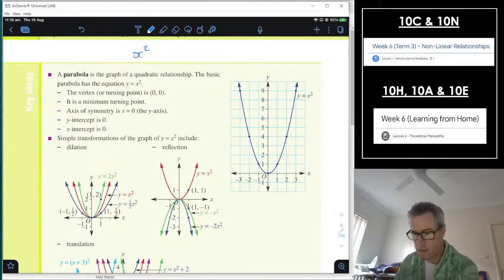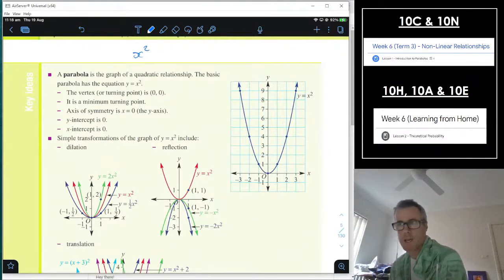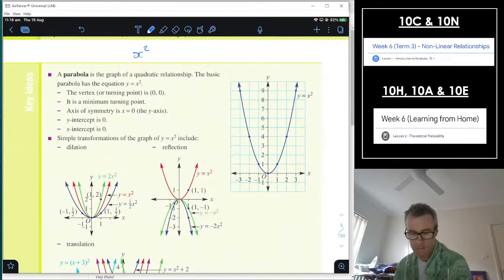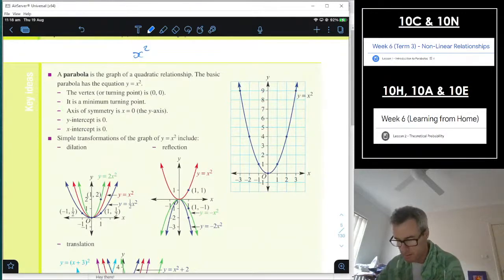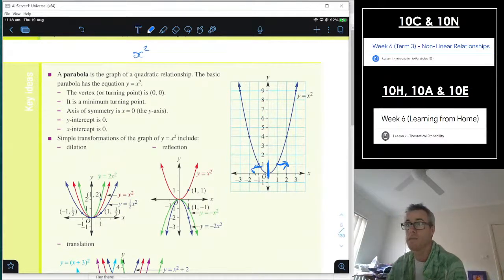Essentially, that means that's where it's turning. The axis of symmetry is x equals 0. We can see that because it parallels like so, because this side here is exactly the same as this side over here.